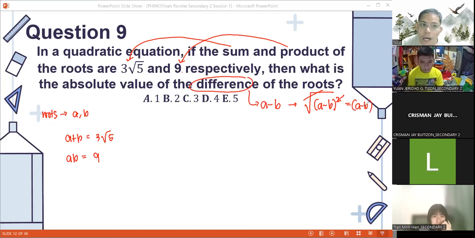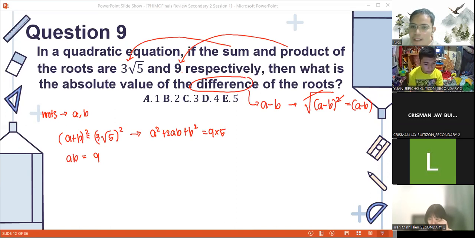Now the problem is, how do we get this? We square this one first, so that becomes a squared plus 2ab plus b squared. And this becomes 9 times 5, which is 45, right? That one is equal to 45.